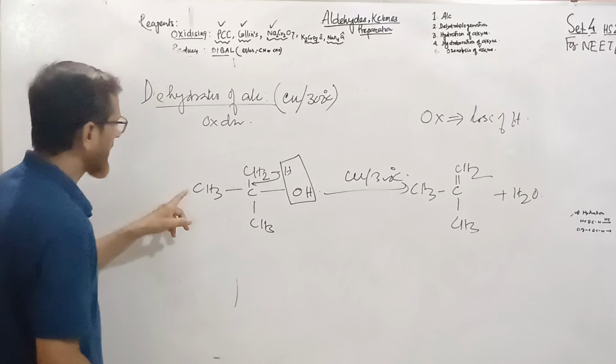Yes, here we see that as per anti-Markovnikov rule, the negative part, that is OH, will get attached to the carbon having more hydrogen. So OH is here and the positive part is opposite to the double bond. Now this is unstable. This goes to this part and this inclines here. We get this one.